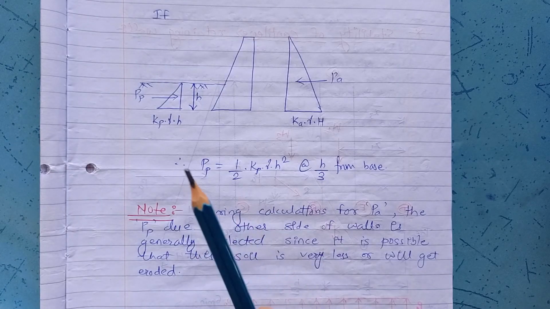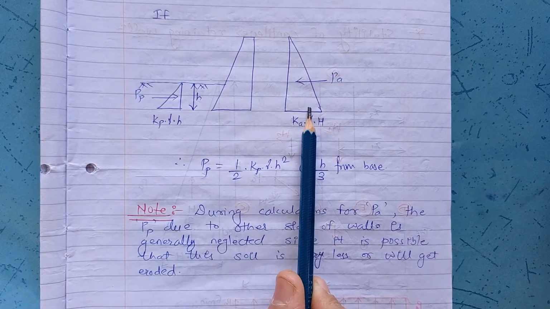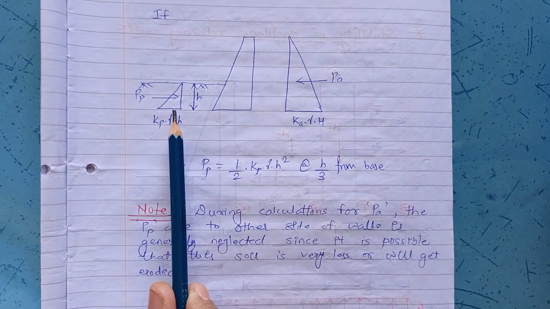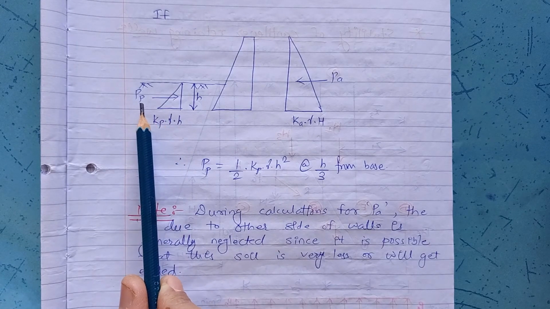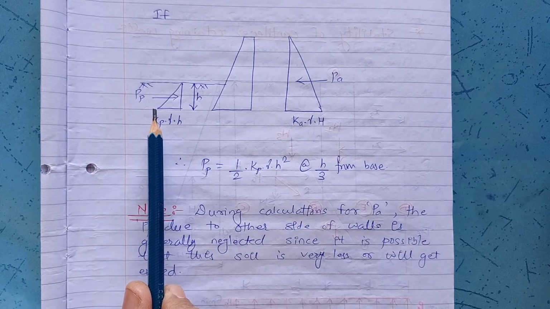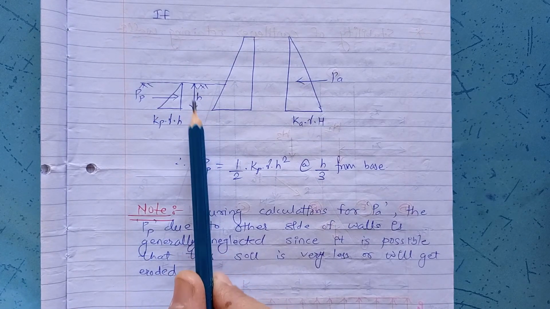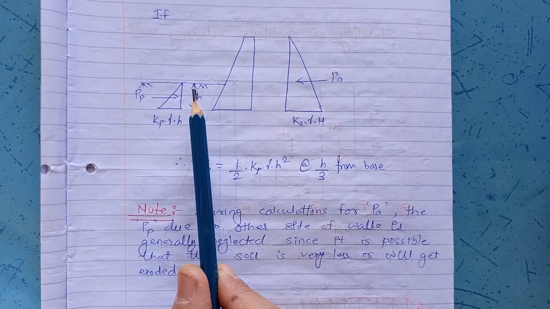Now consider this case. This is the retaining wall, and this will be the pressure diagram due to backfill or soil on the opposite side of the retaining wall, hence called passive pressure. This passive pressure will be due to height H up to which soil is available on the opposite side of the retaining wall.